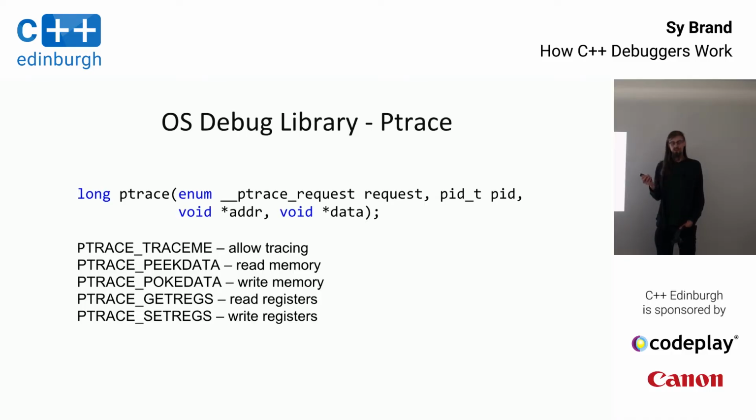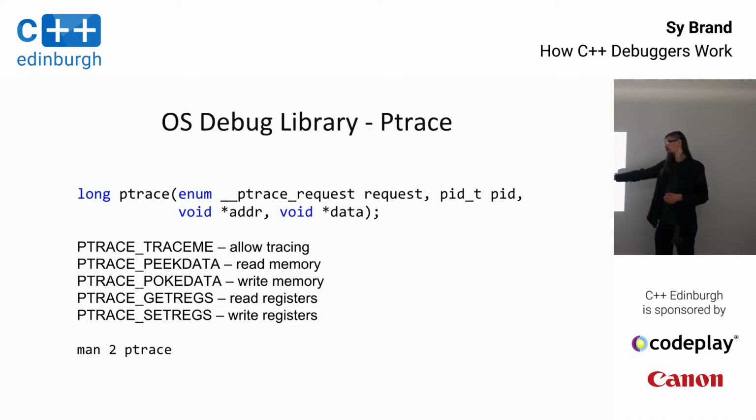No, so Ptrace is something which you call into, which the debugger is going to be calling into. So the debuggee does not need to do anything with Ptrace. It's all the debugger which is actually using this library. If you want to know more about Ptrace, you can check the man pages, as always.